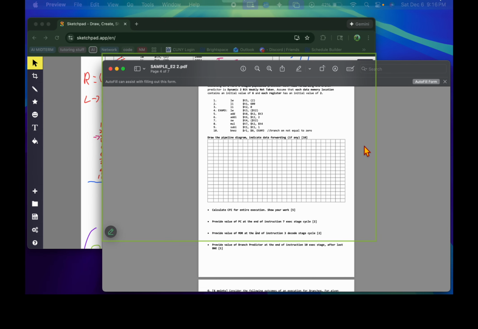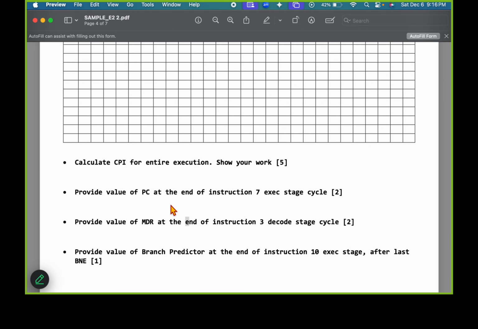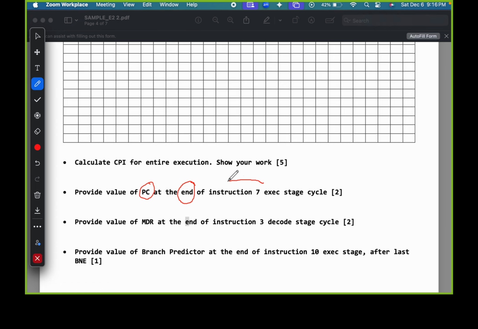Yeah, of course. Okay. So these questions are asking, right? Provide the value of whatever this component is at the beginning or the end of an instruction's whatever stage they're at right now. So there's a bunch of ways that this could be worded. But the main key to keep in mind is, we have: provide the value of the program counter at the end of whatever instruction's given and the stage that's given.